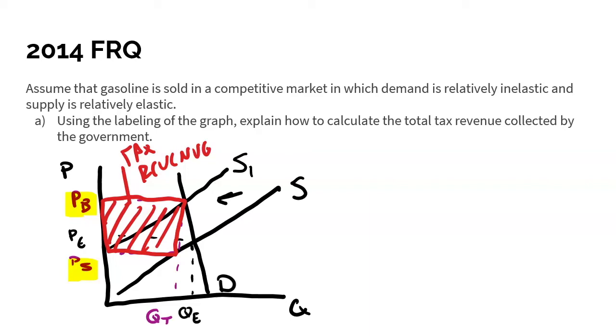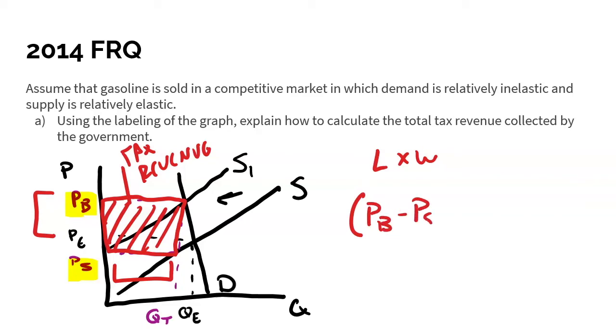And this is actually pretty simple, because the area of the box is just length times width. We just have to get to here and multiply it by here. So how do we get that? There are multiple ways you can do it, but for me, I just did PB minus PS, which is this portion right here.